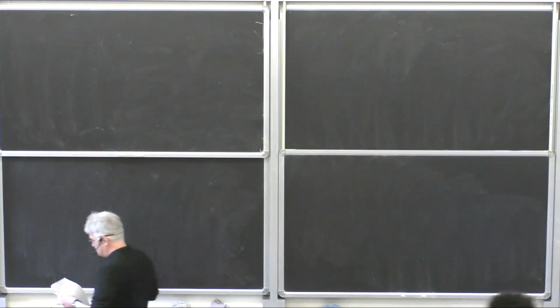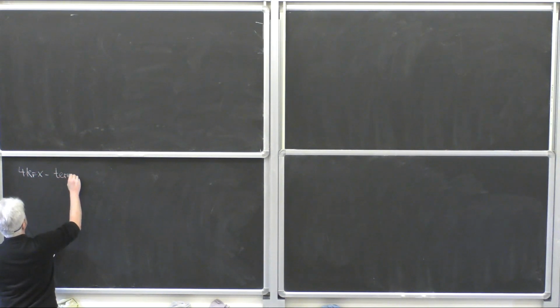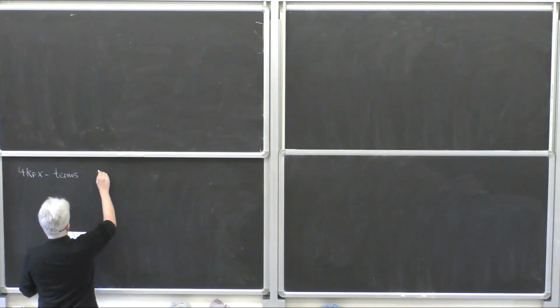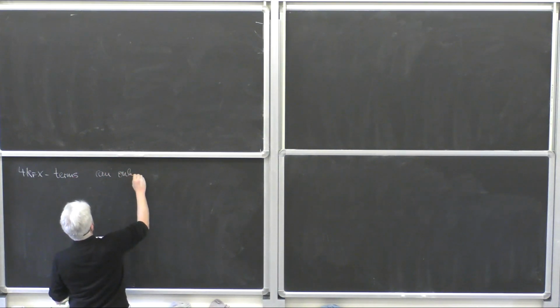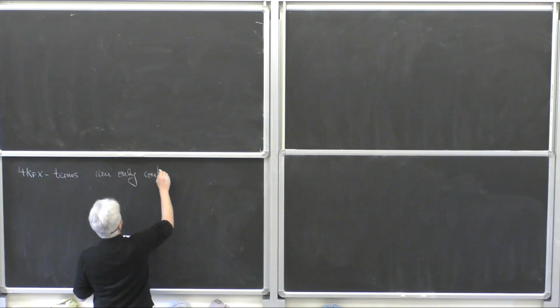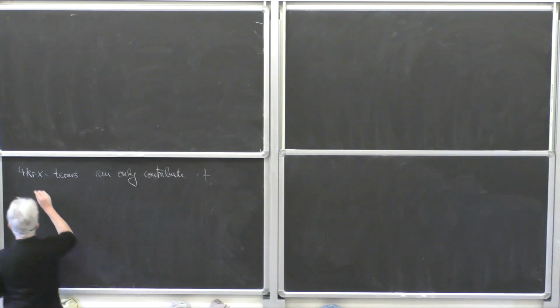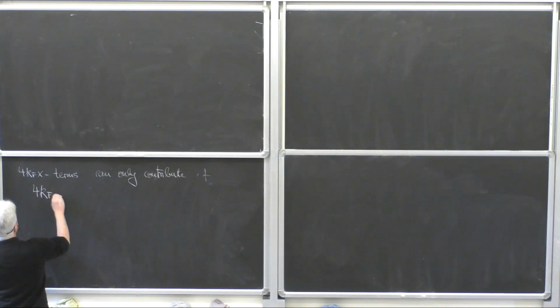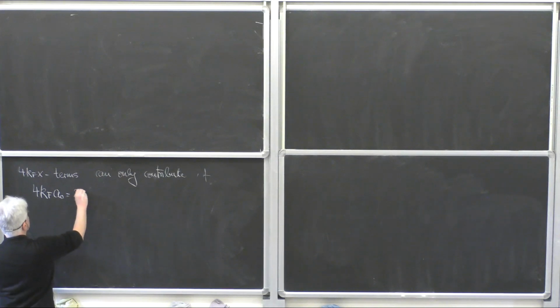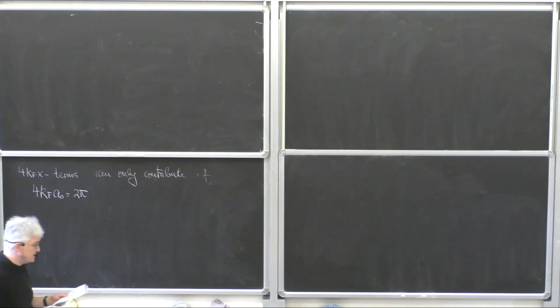Okay. So now finally, after 7 lectures, we will bosonize. But before we do that, the 4kF x terms, let's just write this down, can only contribute if 4kF a naught equals 2 pi, because otherwise they oscillate very rapidly in x.